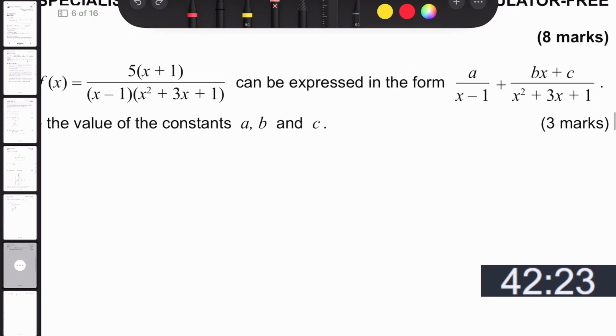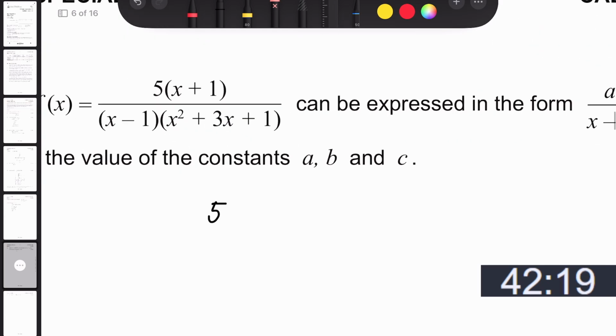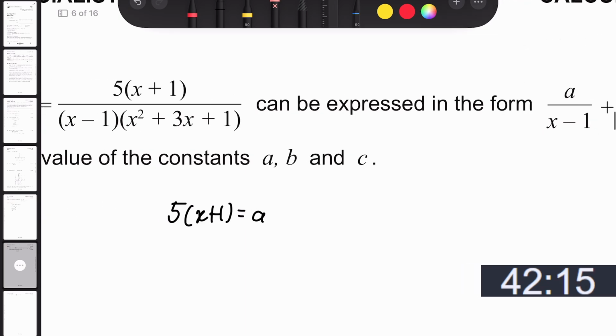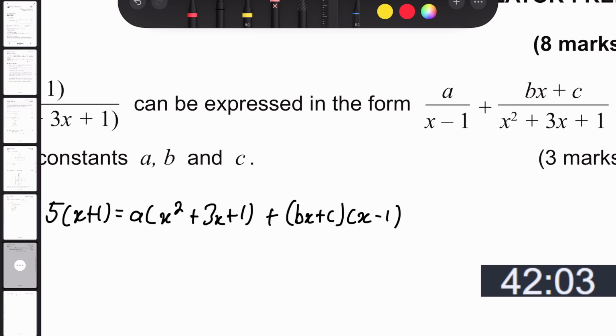Functions can be expressed in the form of that. Determine the constants a, b, and c. So we need that 5 of x plus 1 is going to equal a of x squared plus 3x plus 1 plus b of bx plus c of x minus 1.